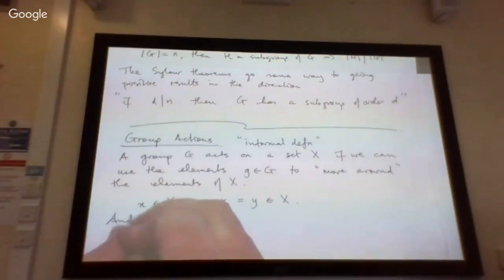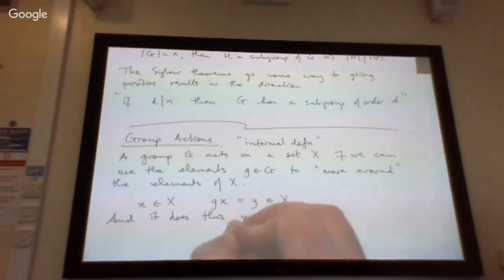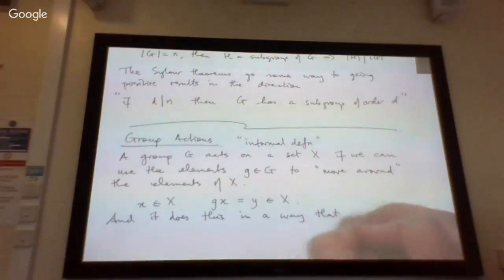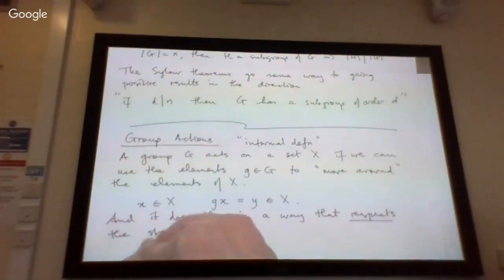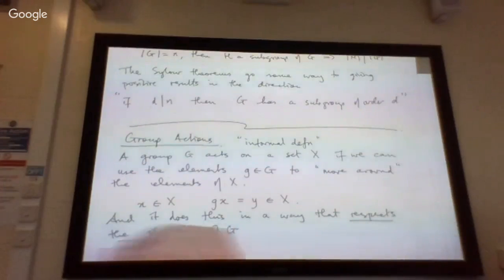And it does this in a way that respects the structure of G. What do we mean by the structure of G?